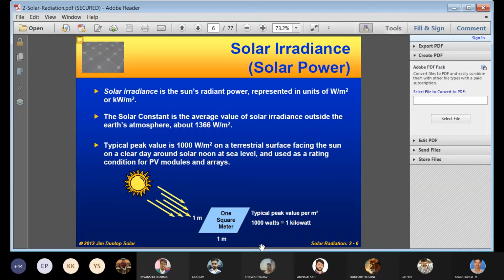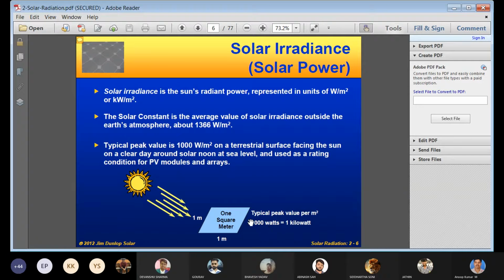If it is a very sunny afternoon, outside under the sun, we can expect 750 watts, not 1000 watt. Okay, 750, 800, in that range. If you are measuring under a tree, you can expect 300 watts per meter square like that.